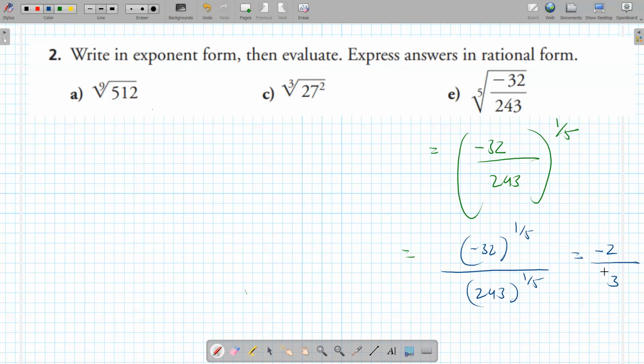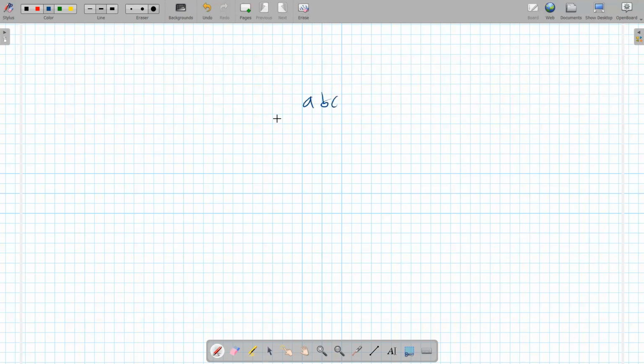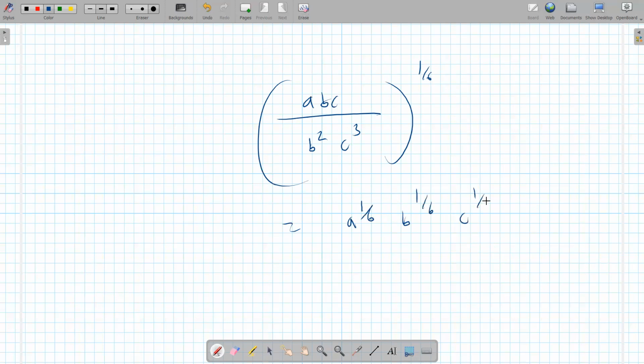Cool? You can distribute the exponent. So for example, if you have a b c over b squared c cubed, to the power of 1 over 6, this 1 over 6 applies to every single element inside of that bracket.